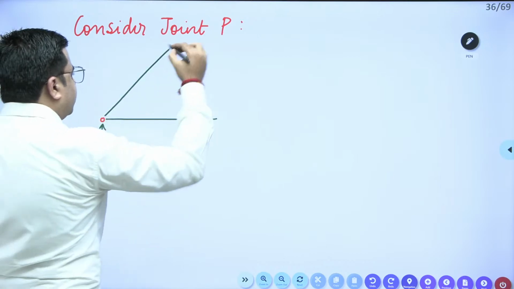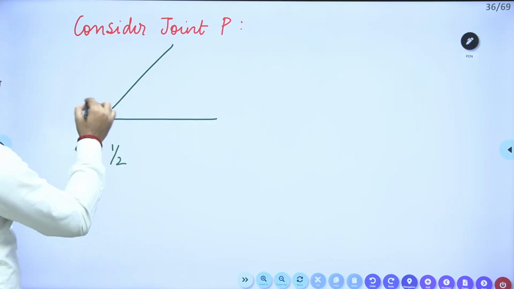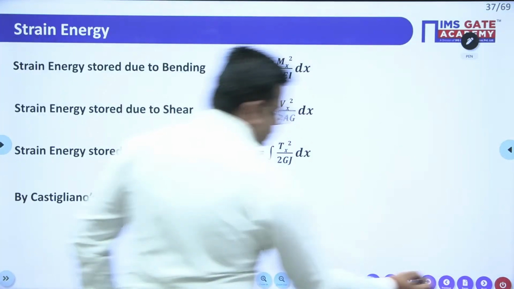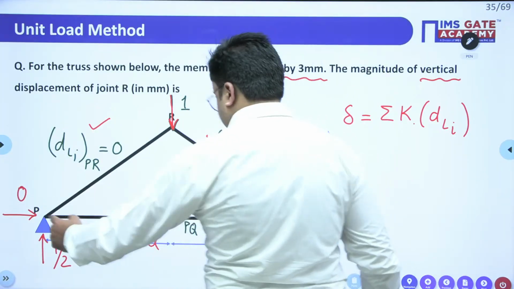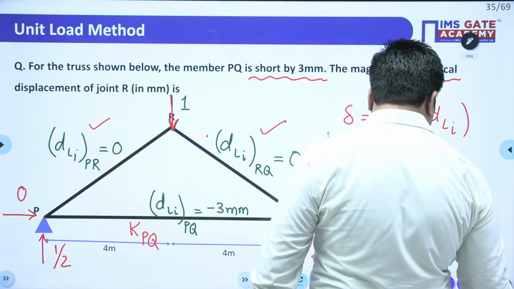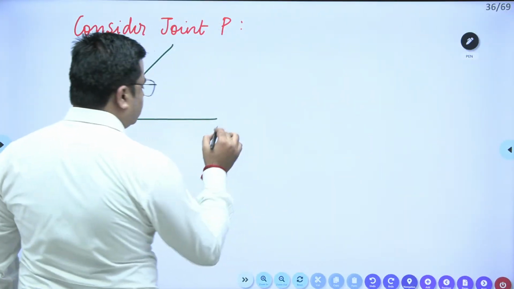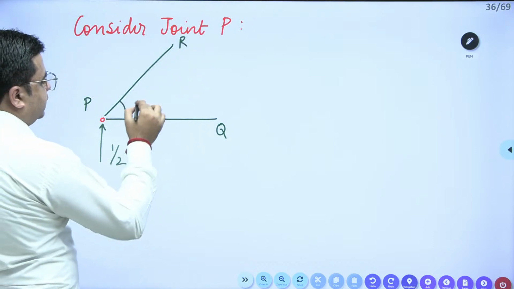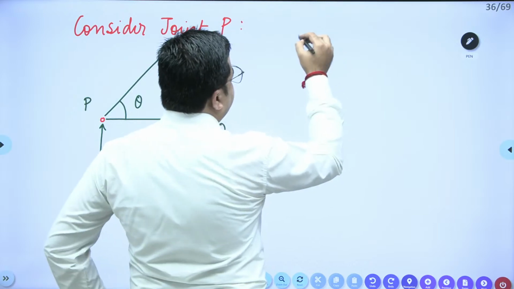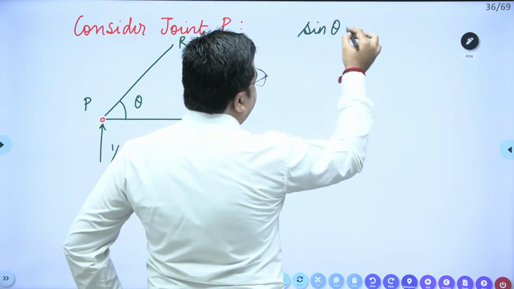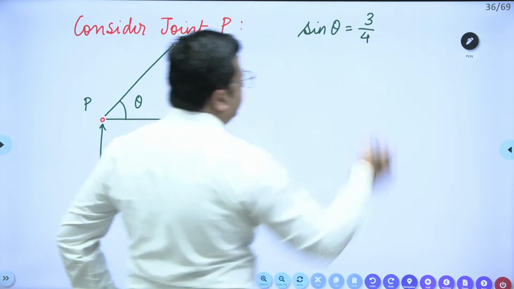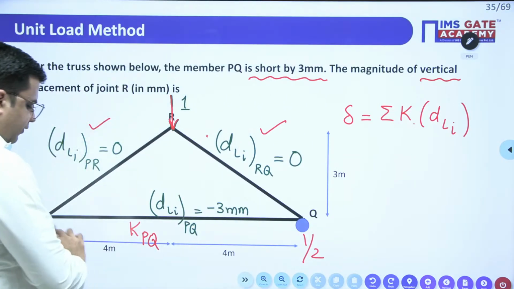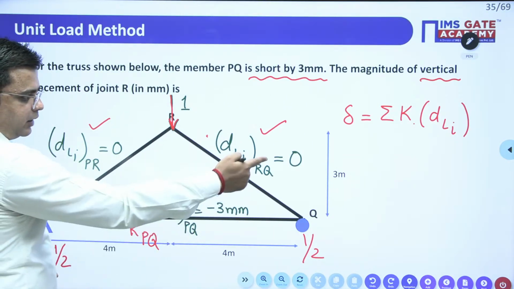This is my other member, and this is Q and this is R. For this angle theta, we are given the data that sine theta is equal to 3 by 4. The half length is 4 meters and the height is 3 meters. It is given in the question.